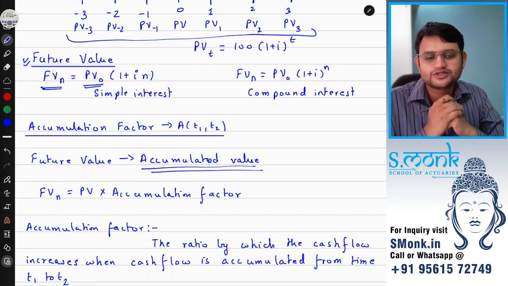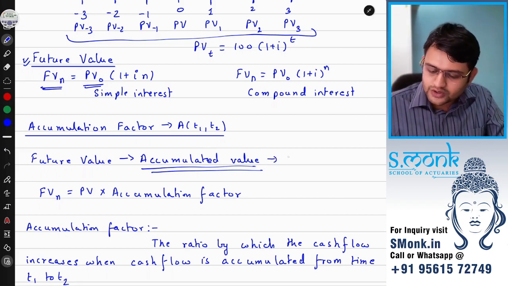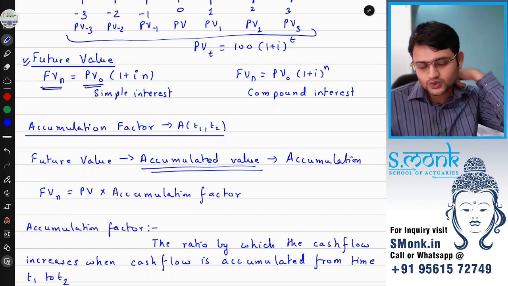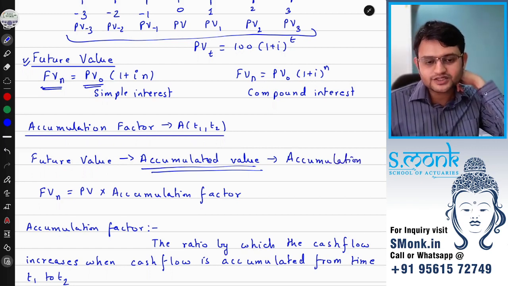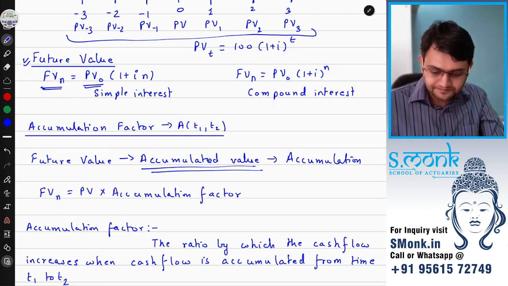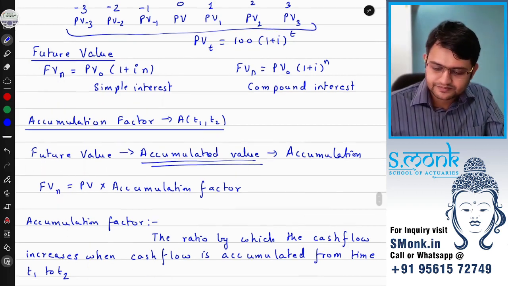That becomes the accumulation or the future value. Okay. So future value, accumulated value, or you can also call it accumulation. I'll use these three terms interchangeably.